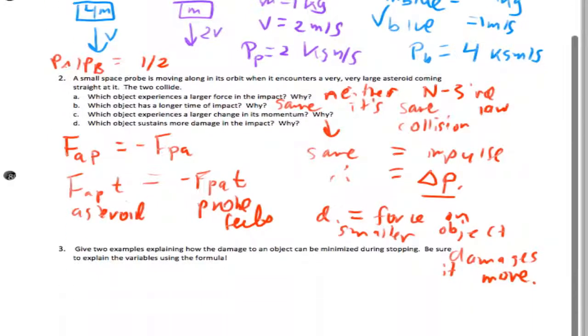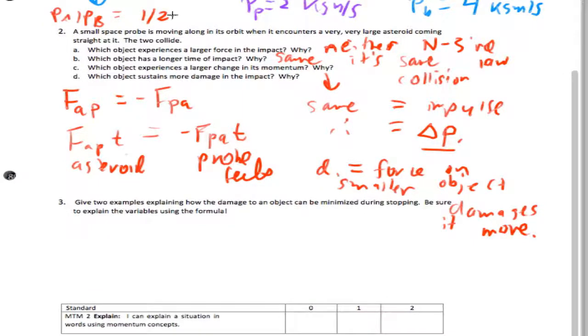Finally, 2 examples of how the force on an object can be minimized during stopping. So let's use the impulse momentum formula. Ft equals mv final minus mv initial. So here's one example.